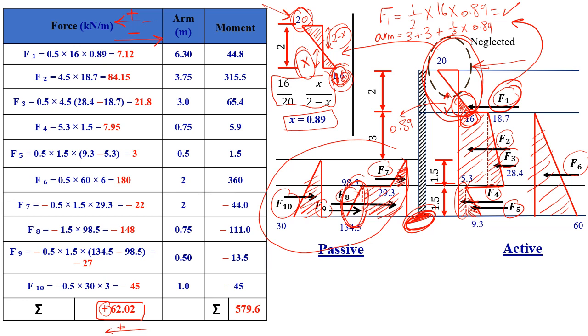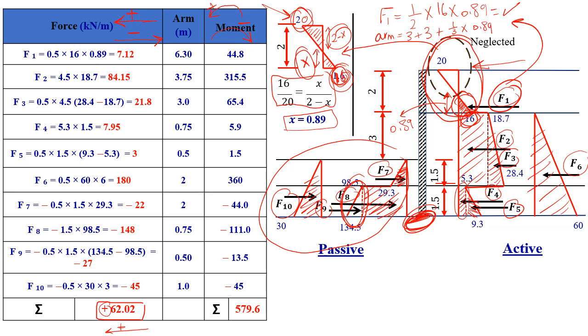In the same manner, you will assume that for the moment, any moment around the base in the anti-clockwise direction will take a positive value, and it causes overturning of the retaining wall. And any moment which has a clockwise direction will take a negative sign.